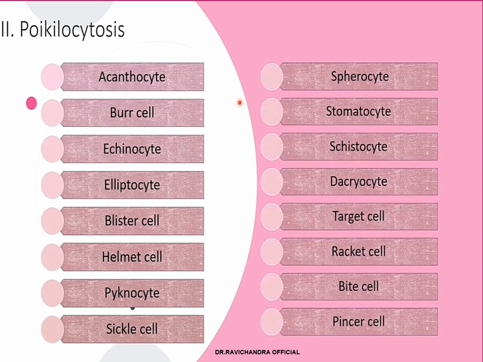In the practical viva, they may ask you to draw a diagram of this type of cell or they may want you to explain these types of red blood cells. So we will have the discussion in detail.